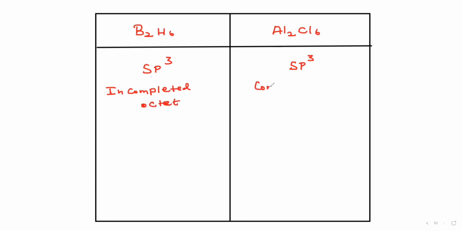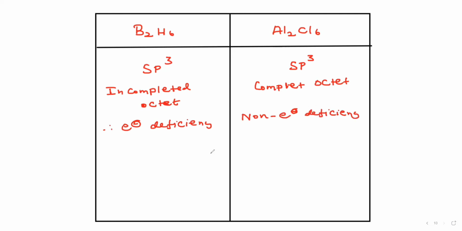Complete octet. Now this is electron deficiency because it is incomplete. Electron deficiency. This is non-electron deficiency. Understand?